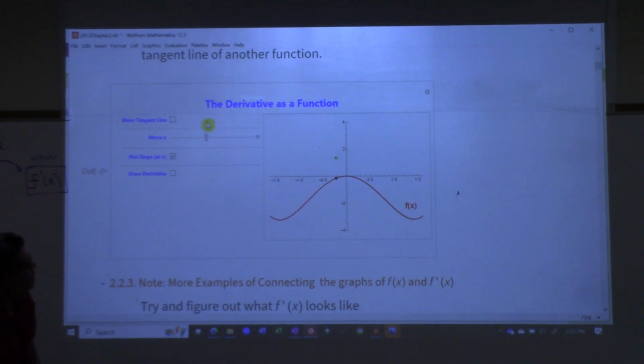So the green is basically representing the derivative, and I should have put the line there. Let's just draw it together. So there it is, it goes up, comes back down, kind of maxes out on the negative, and then goes back. Okay?